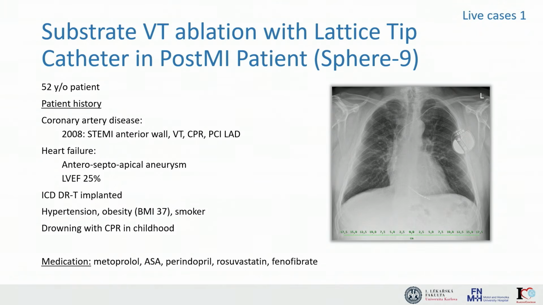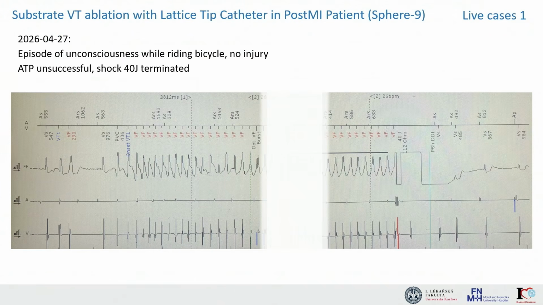He is off antiarrhythmic medication, and about two weeks ago, this patient suffered an episode of unconsciousness while he was riding a bicycle. He had no injury, but the ICD history showed a strip of fast VT, which had unsuccessful ATP, and then it was terminated with a shock of 40 joules.